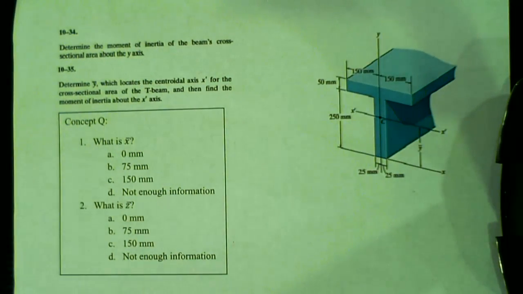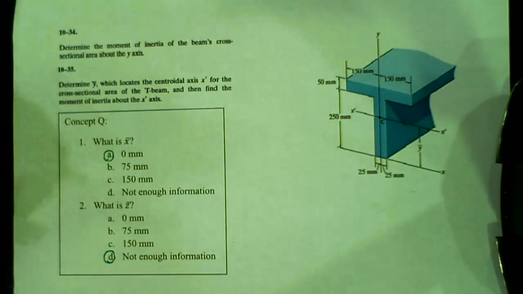So here are some conceptual problems that you can answer without calculating anything. What is x bar for this problem? 0, good. Why is it 0? It's symmetric about the y-axis, right? And then what is z bar? Not enough information. We don't know how deep it goes.